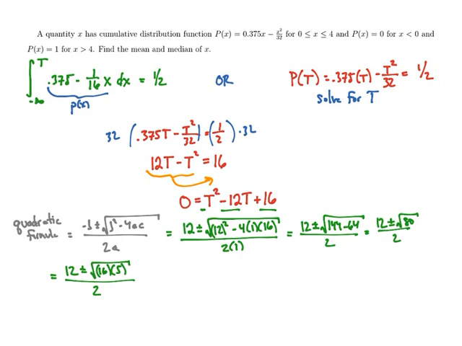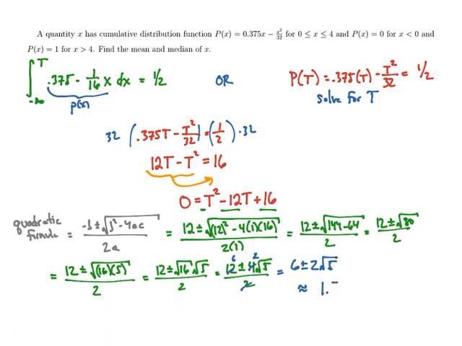The key thing about 16 is that's a perfect square. So I could write this as square root of 16 times the square root of 5 over 2. Square root of 16 is 4. And now I can cancel out a 2 out of every term. I will be left with 6 plus or minus 2 root 5, which is approximately two things.